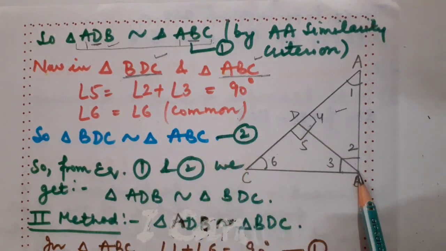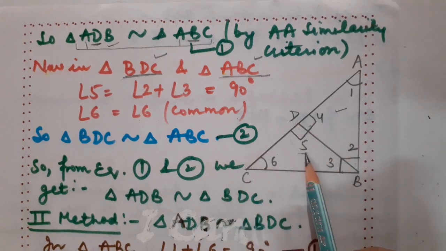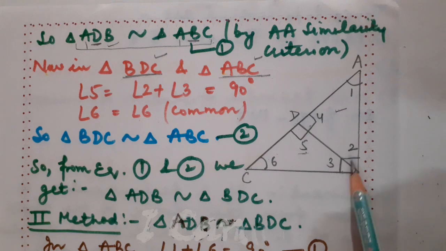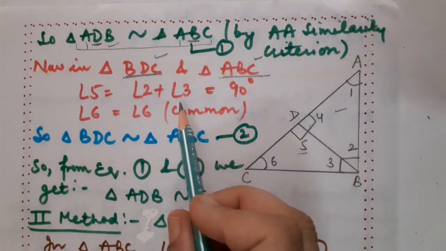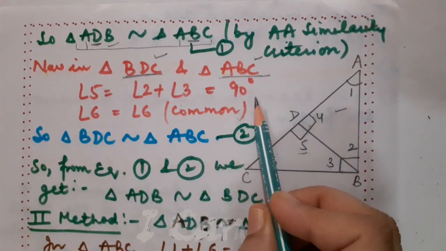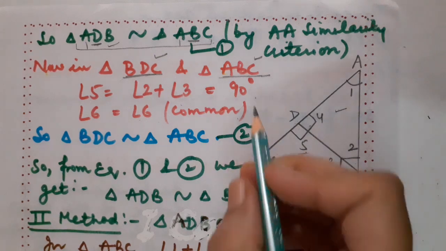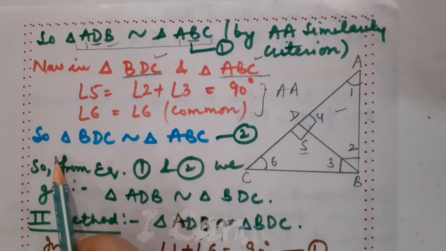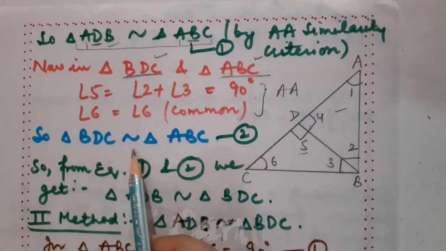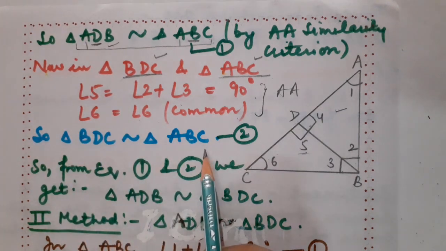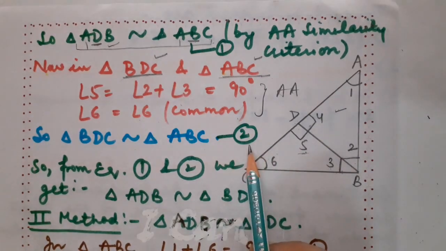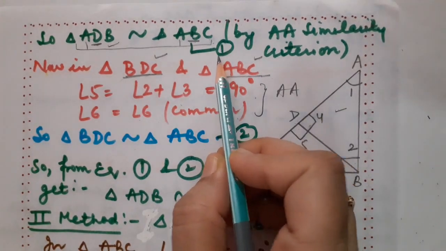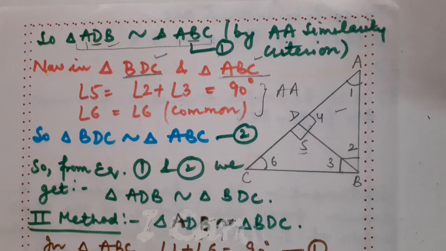Now in triangle BDC, angle 5, which is of 90 degree, that must be equal to complete angle B, that is angle 2 plus angle 3. Both are of 90 degree. So again, by which criteria? Definitely by double A similarity criteria, we can say that triangle BDC is similar to triangle ABC. Let it be considered as equation number 2 and the previous one as equation number 1.